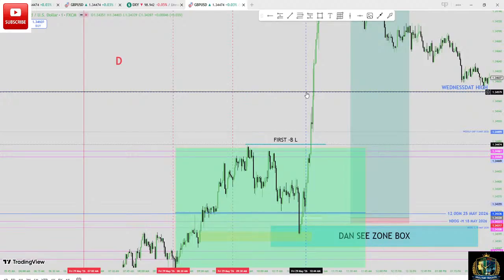I'm going to keep it over here because I'm going to stop it at Wednesday high. When they move above this buy side liquidity, I'm going to add another trade which I'm going to close over buy side liquidity on Tuesday.